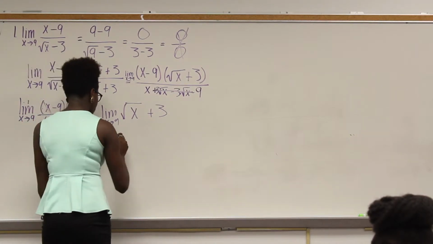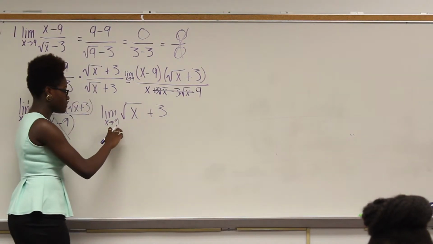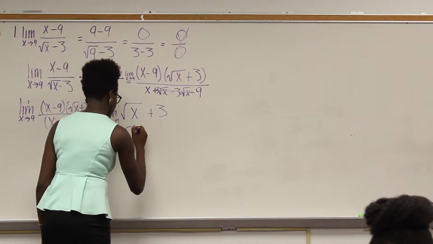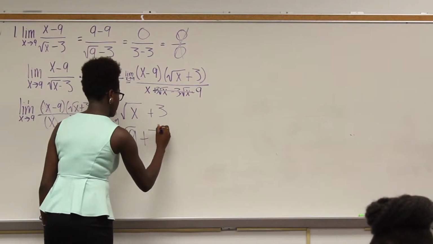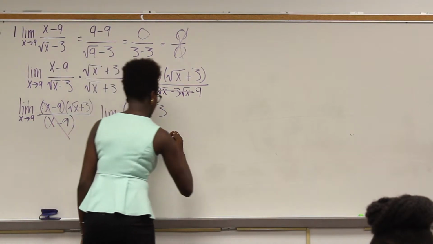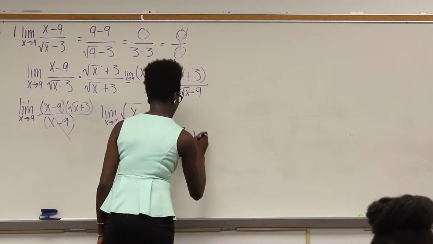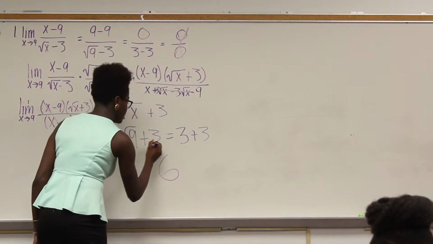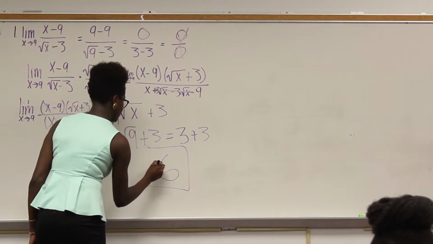So now we're actually going to substitute 9 for x. So square root of 9 plus 3 plus 3. So your answer is 6.